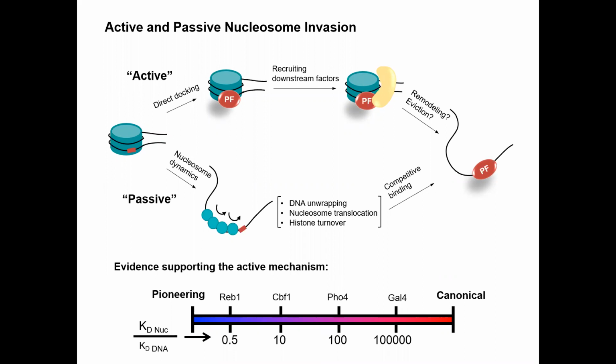Other questions, thoughts? Greg. Is there any difference in the supercoiling topology when a pioneer factor is binding versus something that's not, let's say CBF1 versus FO4?